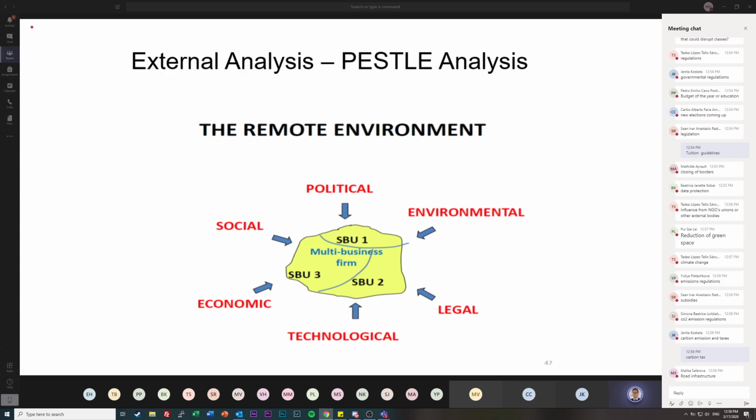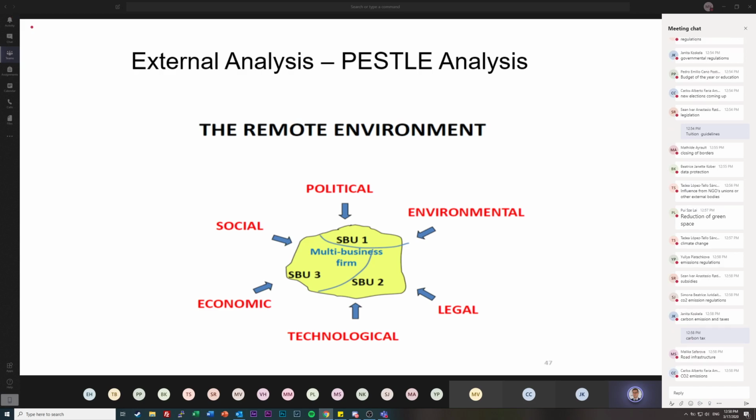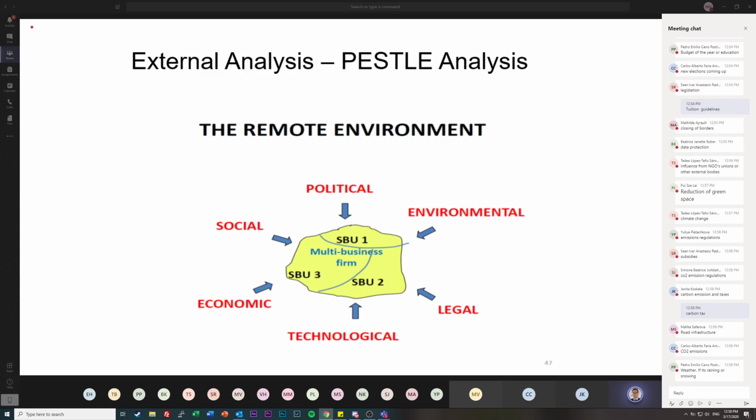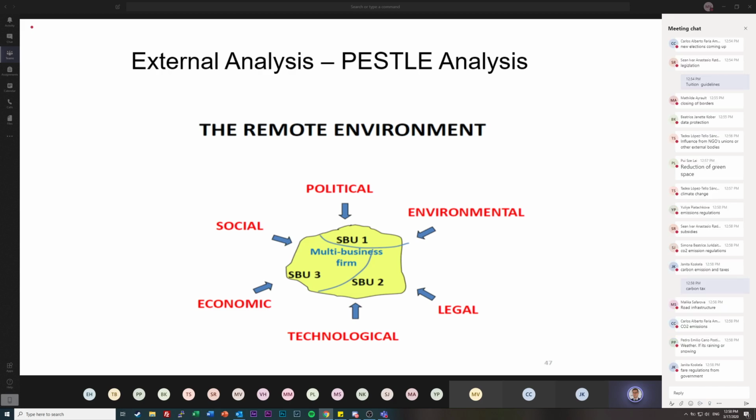Carbon dioxide emission regulations, okay, carbon emissions and taxes, more about the carbon dioxide. Road infrastructure, take care, is more connected with the technical and technological factors. It's not connected with the environment. Carbon tax is somewhere between the economic and environmental.